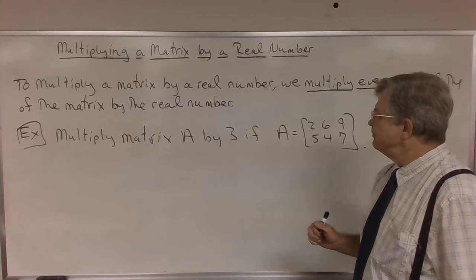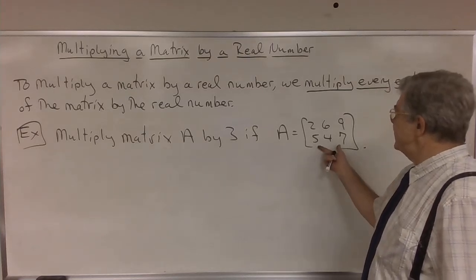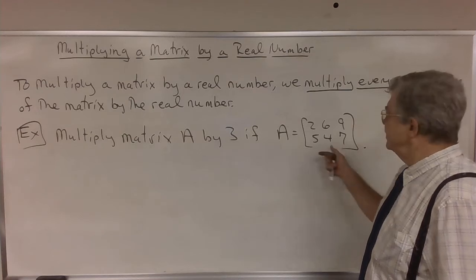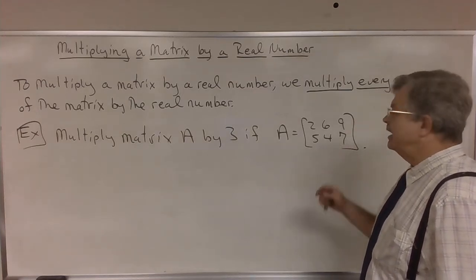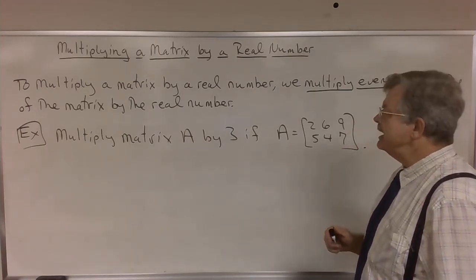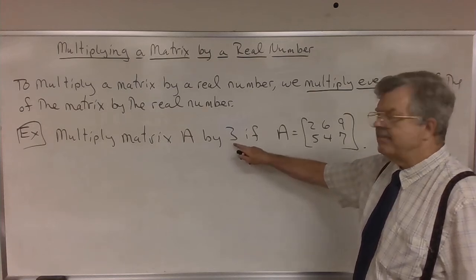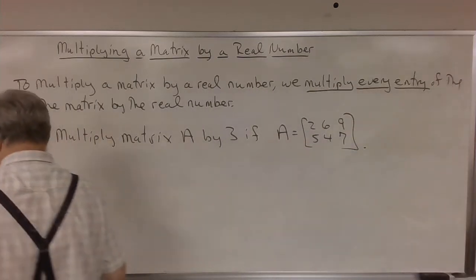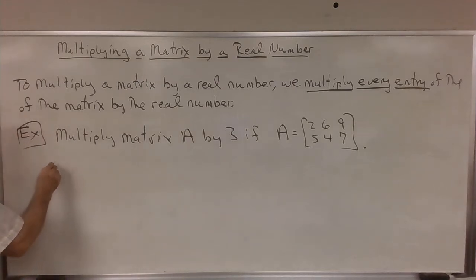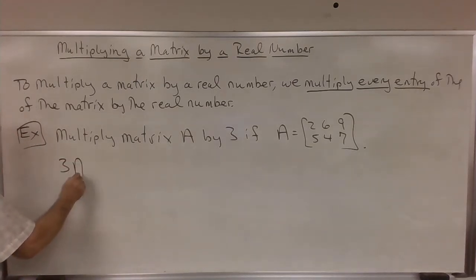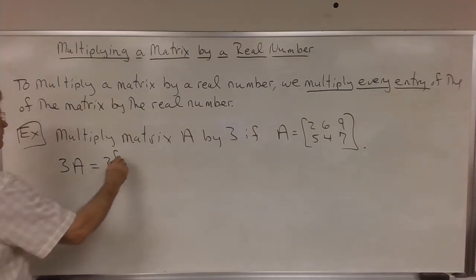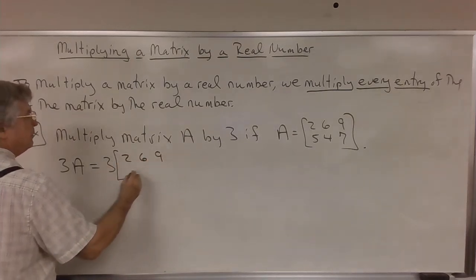For example, we have the matrix A. It's a 2 by 3. 2 rows, 3 columns, a 2 by 3 matrix. We're going to multiply it by the real number 3. So this is 3 times A, and we write it this way.